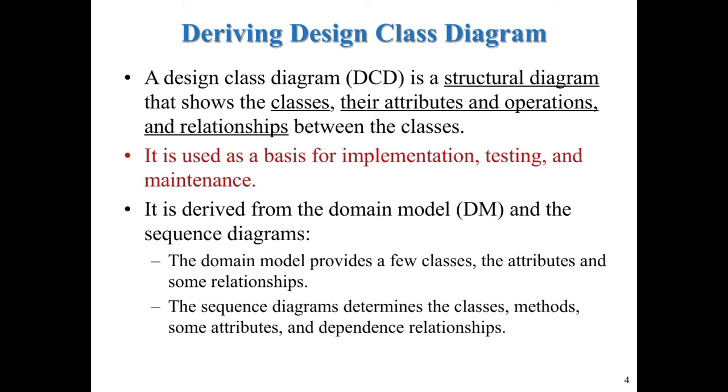You identify your methods from your sequence diagram, and some more attributes which might be missing at the time of the domain model you can find from the sequence diagram, as well as the dependency between the relationships, how the objects or the classes will be related to each other, their dependency.